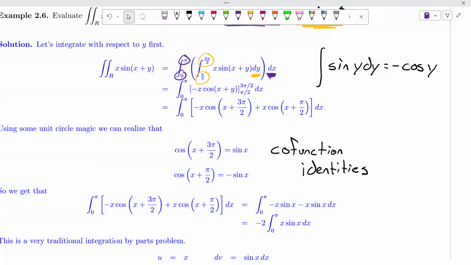Cofunction of secant is cosecant. So you just add a co in there. Also, the cofunction of cosine is sine, and we don't ever really say cosine because that's just weird.